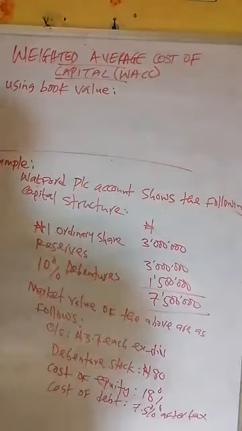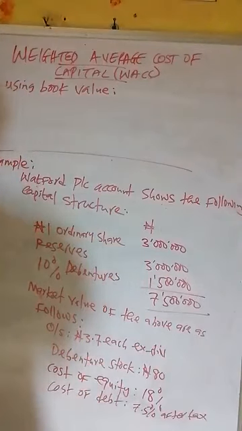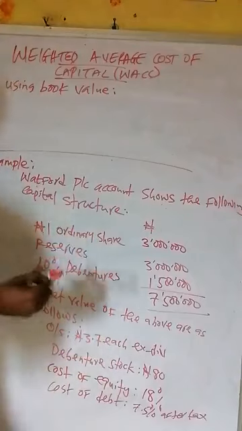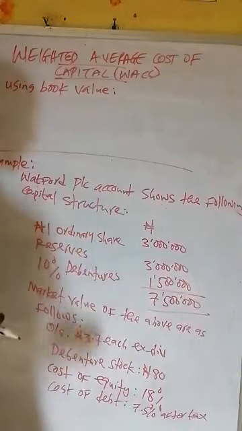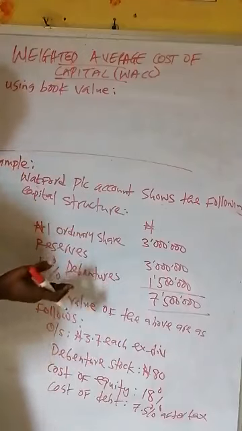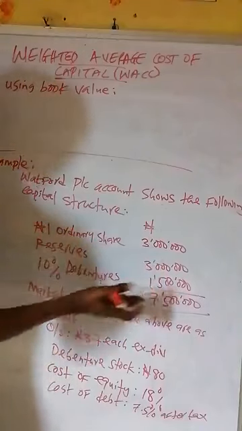If you are using the book value, let's compute the cost of equity. So this is the total value of the company. And we say weight means a particular figure over the total sum.